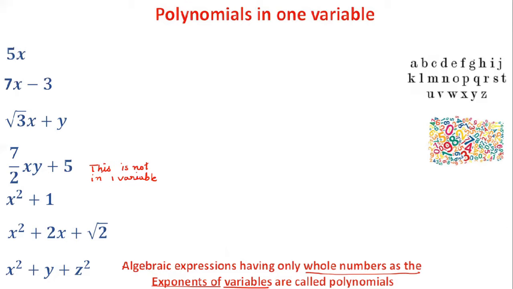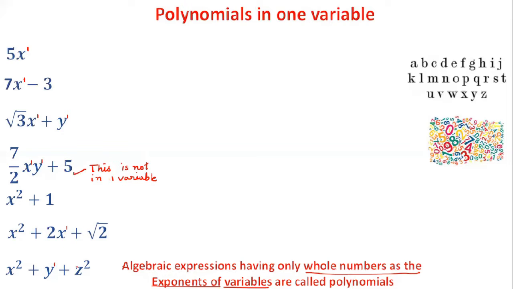See, in the first example, the power is not there. It is considered as 1. In the second example also the power is 1. The power of y is also 1. In the fourth example, the power is 1. Next, the power is 2. Look at the powers.